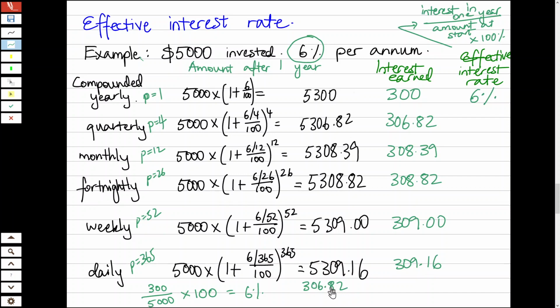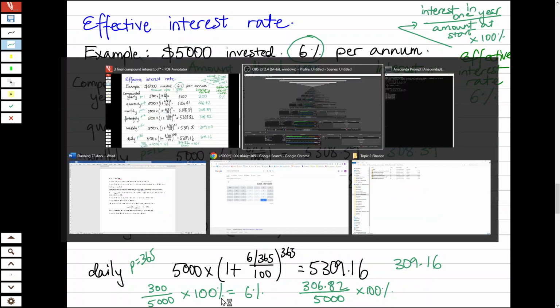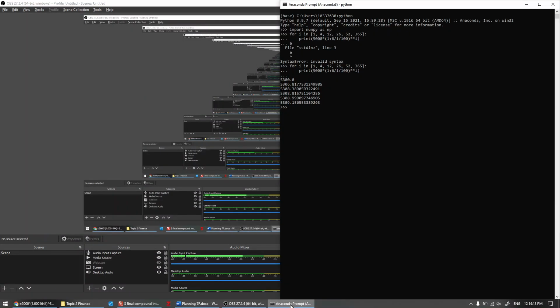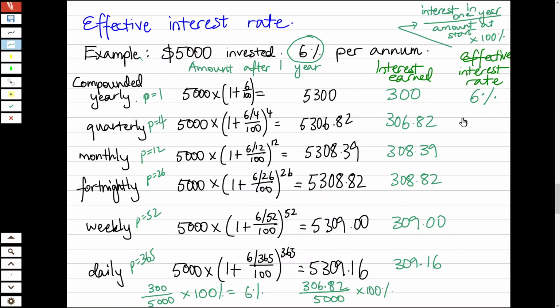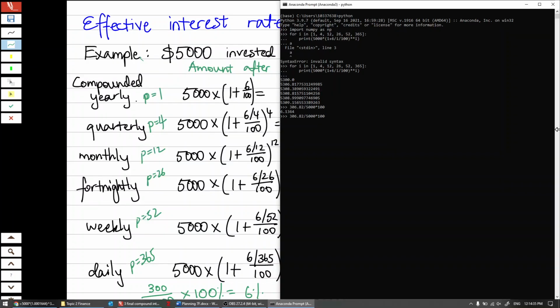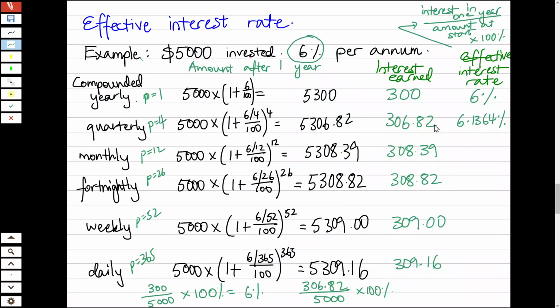If I do 306.82 divided by 5,000 and convert that to a percentage, yep. I'll do a couple more. I won't do them all.